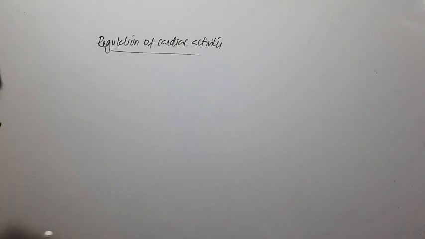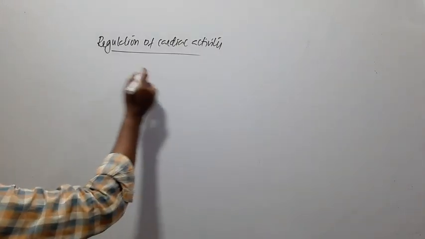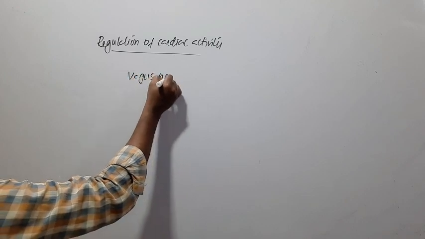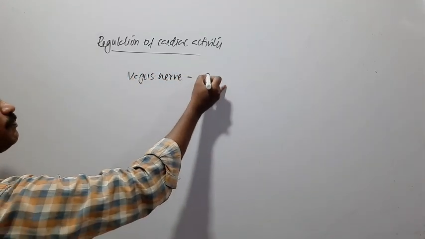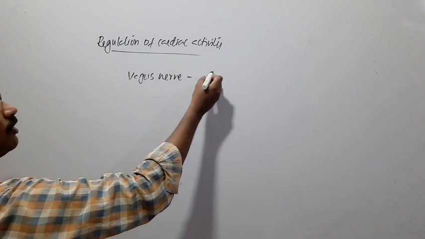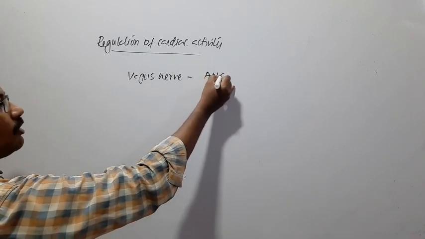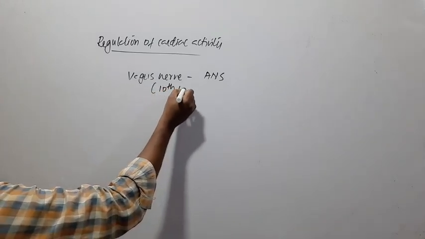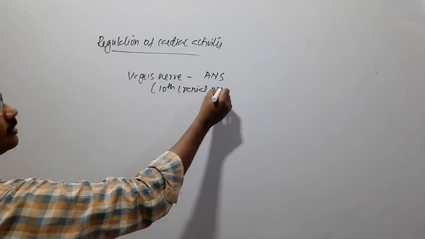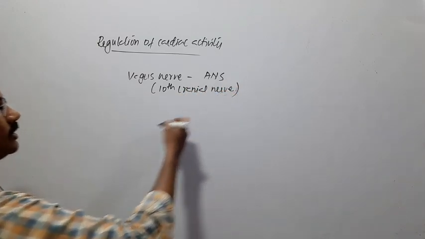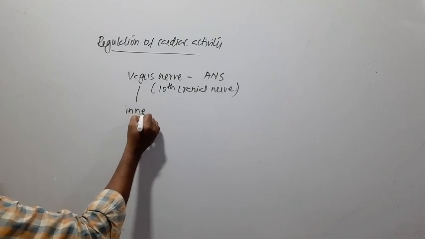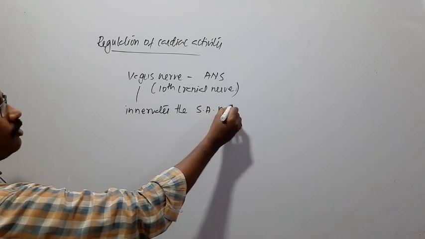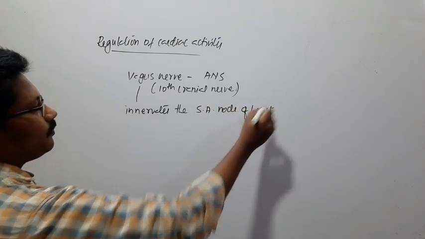Right, so here there is the vagus nerve that is part of the autonomic nervous system, and this vagus nerve is the 10th cranial nerve, and it innervates the SA node of the heart.